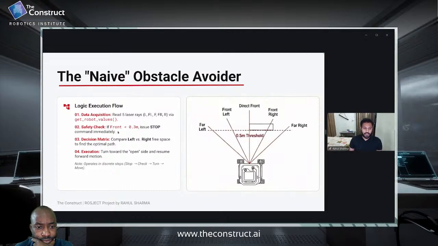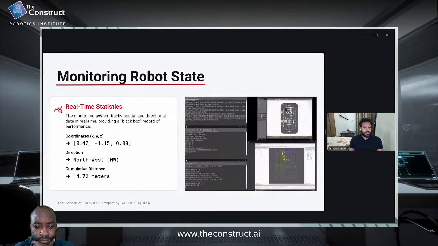If any obstacle is below this threshold, then it will take a decision to move left or right, and then it will execute the corresponding methods. And this will be our robot statistics file. It will tell us the coordinates, direction, and cumulative distance. This is how it will show us.